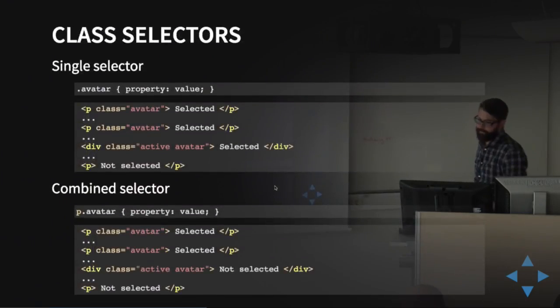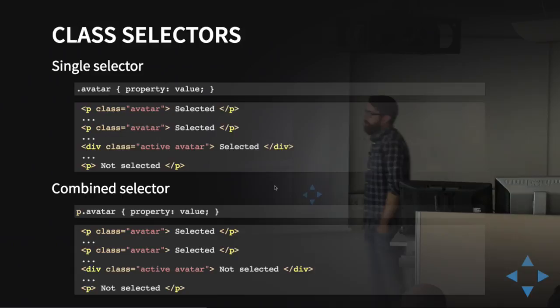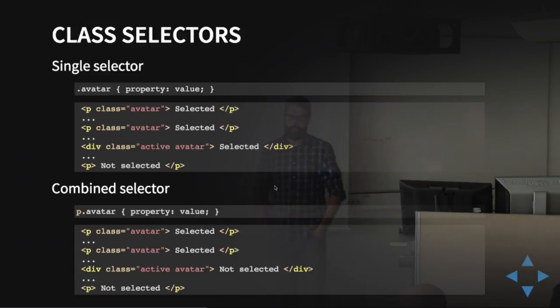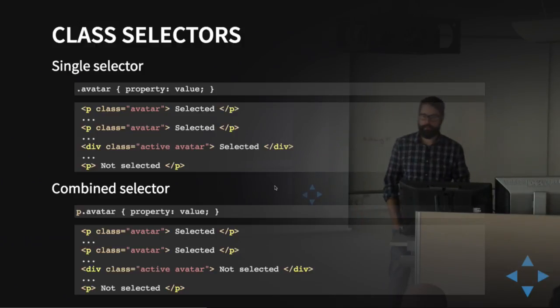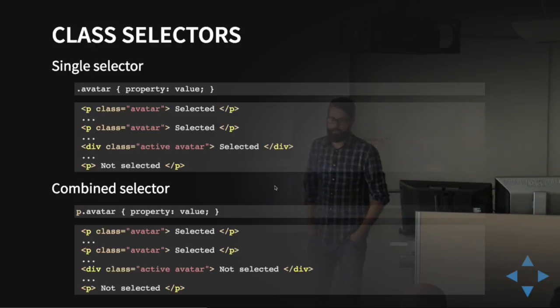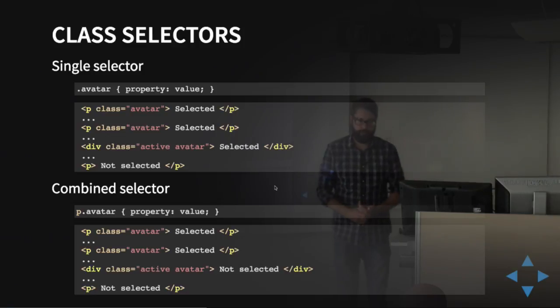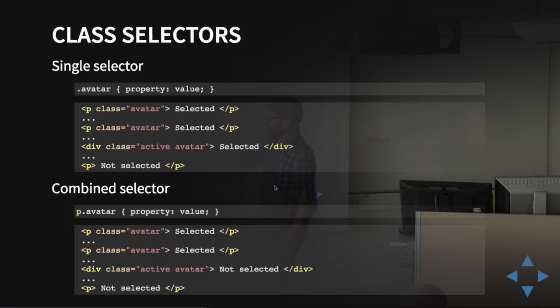Okay? The class selector, probably one of those that you will use the most. Class is an attribute that you have on every single HTML element. So to every single HTML element you can add the class attribute. And if you do, you can select those class attributes using the class selector, which is a dot.